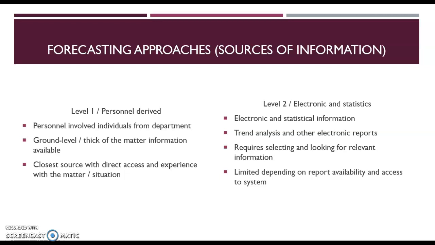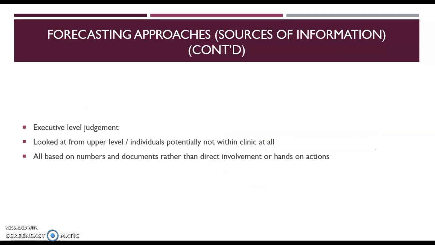Also, if the report is created and electronic, but it's managed versus system managed, then it could depend on whether the individual has been able to complete it and what the availability of that report is.